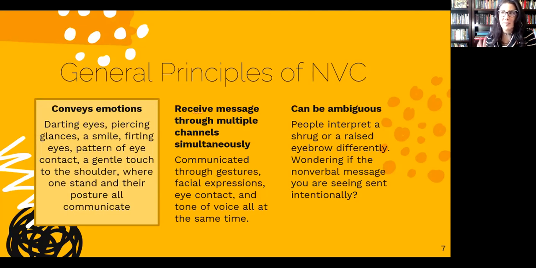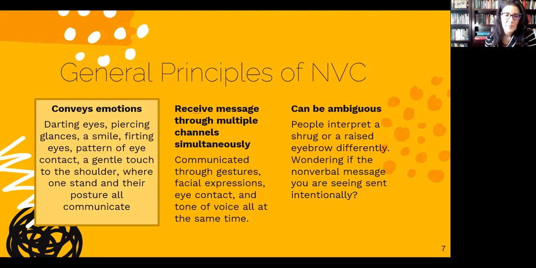They smile and they kind of have flirting eyes. We can experience piercing glances, a smile, a gentle touch on the shoulder, like, hey, thanks so much. All of those things can contribute to the communication.